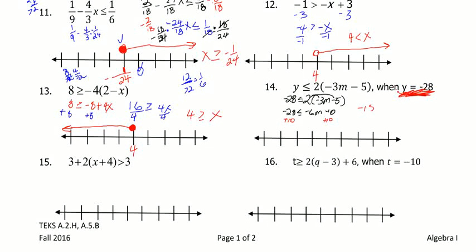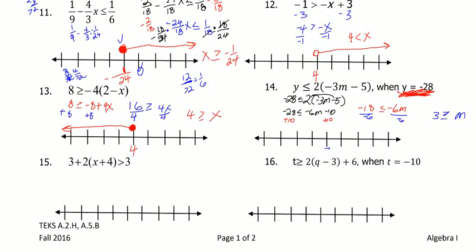Now we need to divide each side by -6. So that's going to leave us with 3 being greater than or equal to m. So we put ourselves a 3 in the middle with a closed dot.